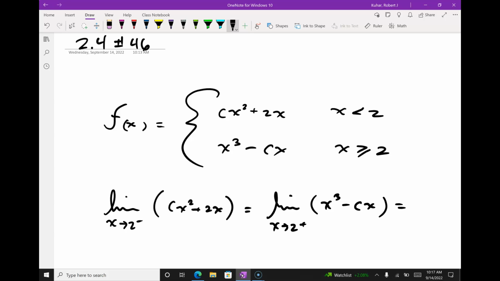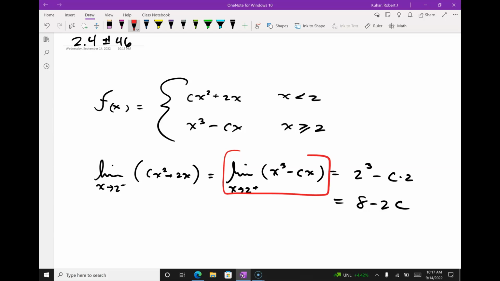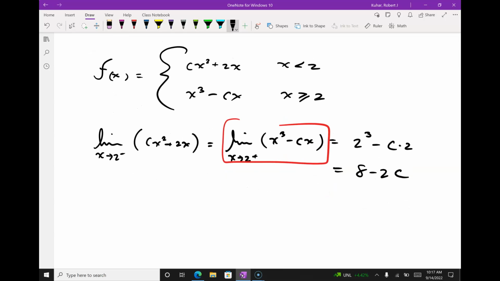And I need all of that equal to what? To the second one, yeah. So I get 2 cubed minus c times 2, so 8 minus 2c. But guess what? That is my limit from the right, because that's where I got the equal sign. So I just have to check this other limit and find c.